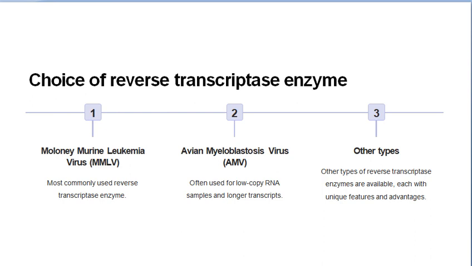This is where we use the avian myoblastosis virus. Other types are also used, but we should have an understanding of exactly what kind of reverse transcriptase enzyme we are using, and the purpose and specificity of that enzyme.